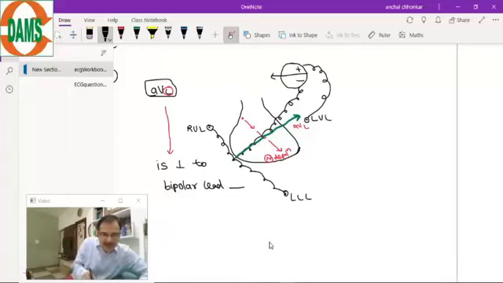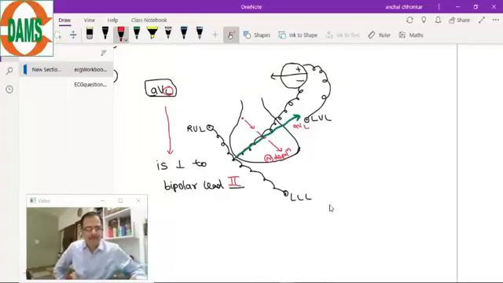Yes, it will be lead 2. You can see it is perpendicular to the line joining the right upper limb and left lower leg, and that line is known as lead 2.